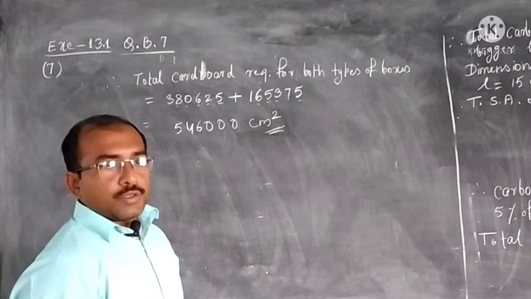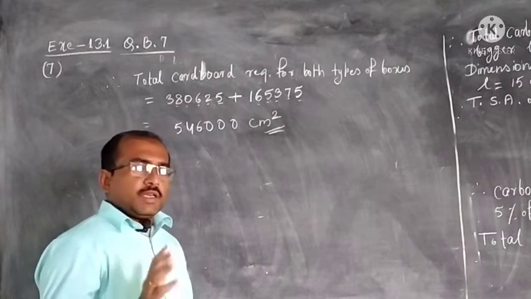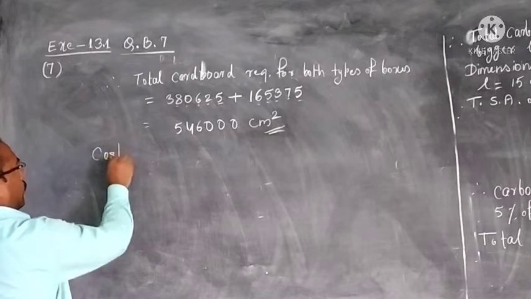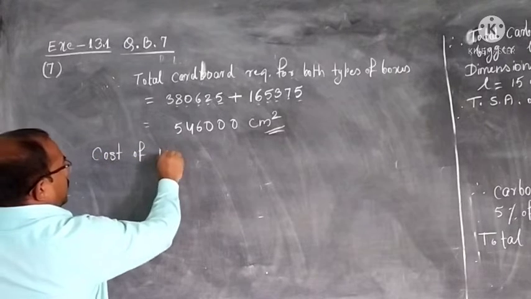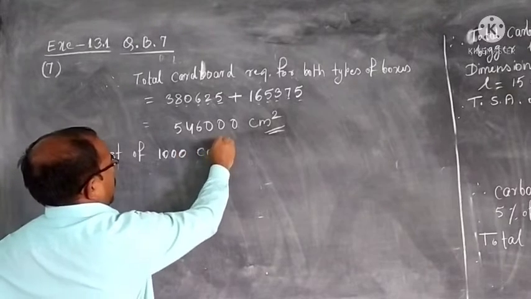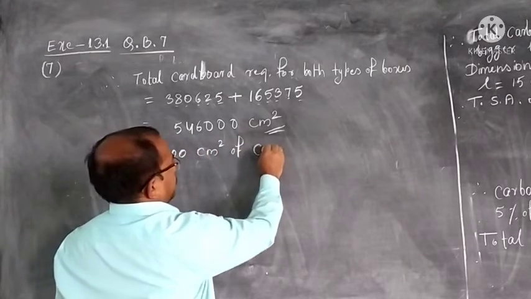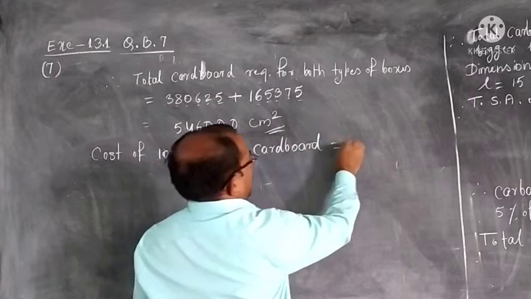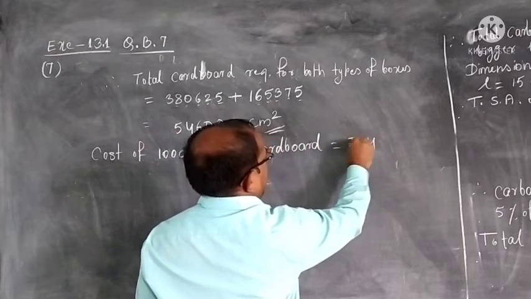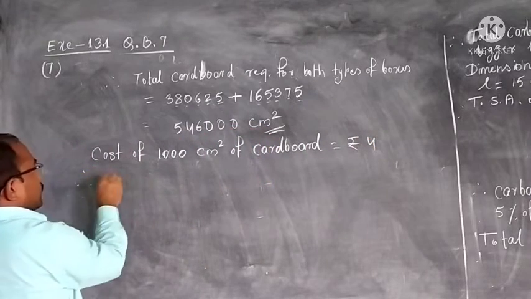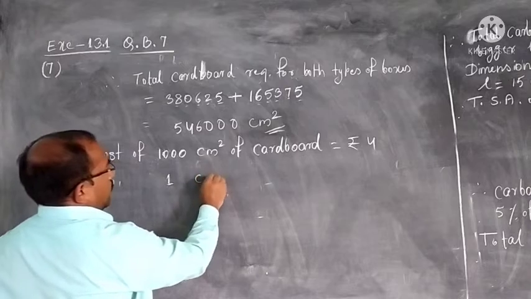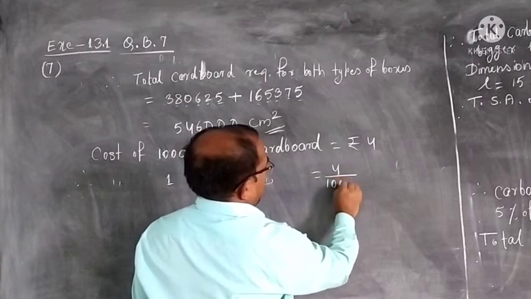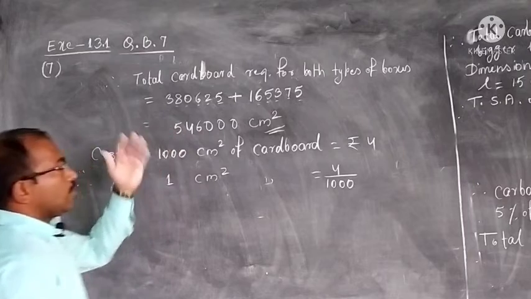And what is the cost? Cost of 1,000 centimeter square of cardboard is 4 rupees. We will find the cost of 1 centimeter square cardboard, that will be 4 by 1,000, and then total how much we need to buy.